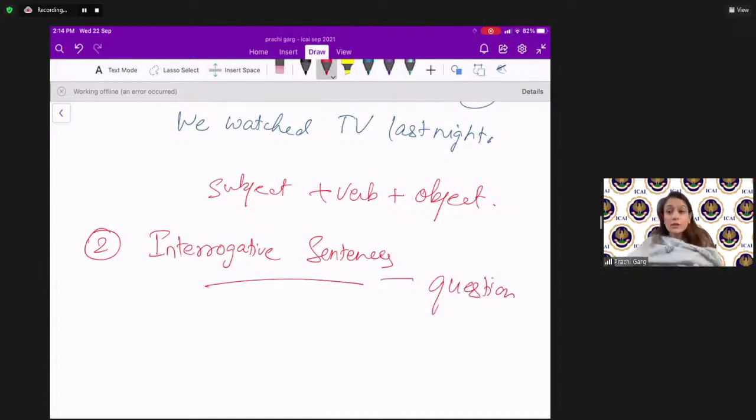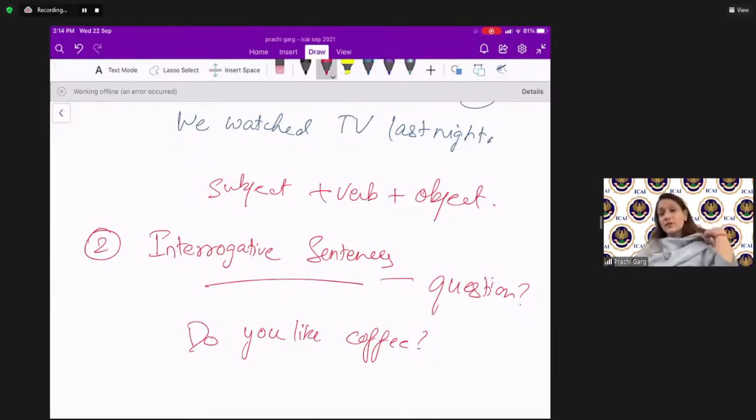This is again very simple, and interrogative sentences are the easiest to find. Do you like coffee? This is an interrogative sentence because I'm asking a question, right? There is nothing further to explain.